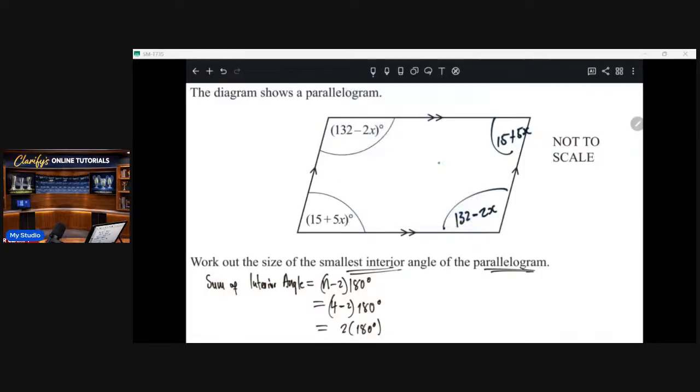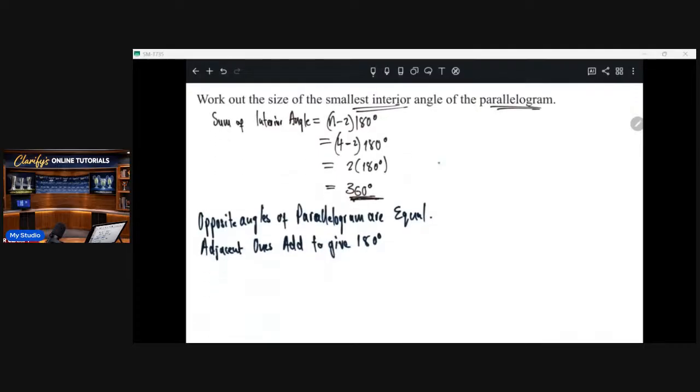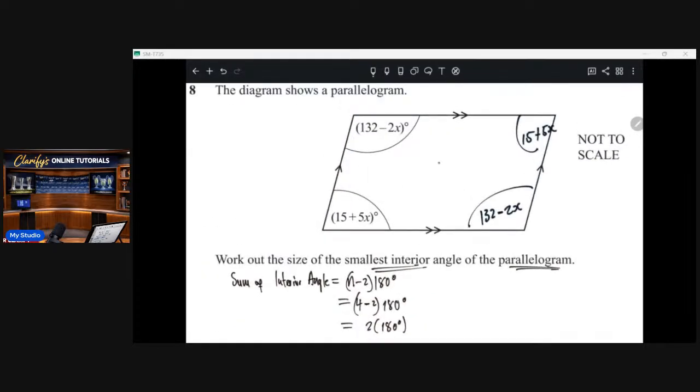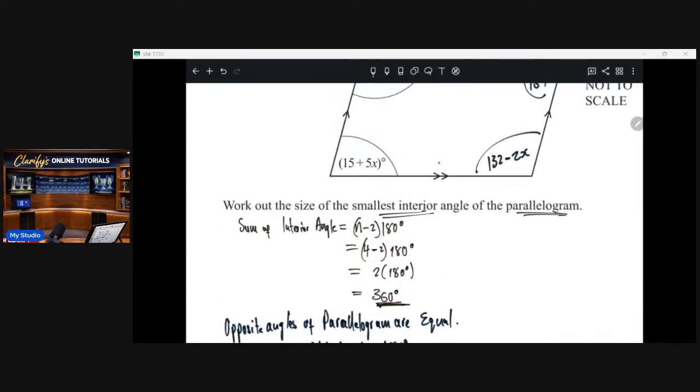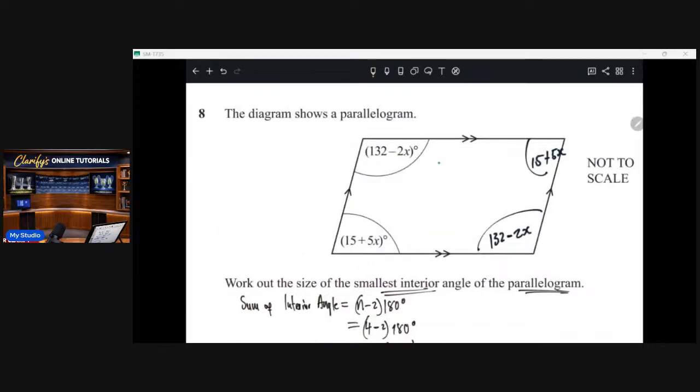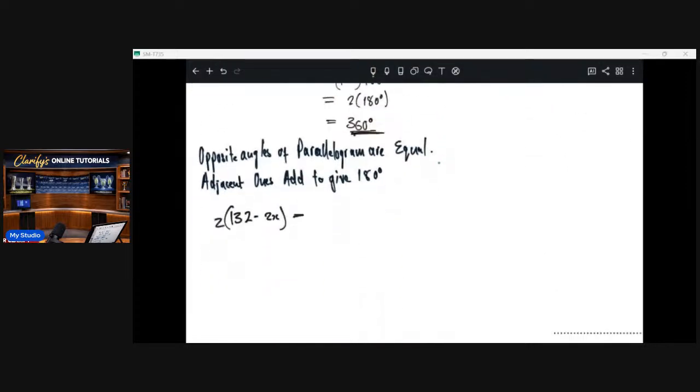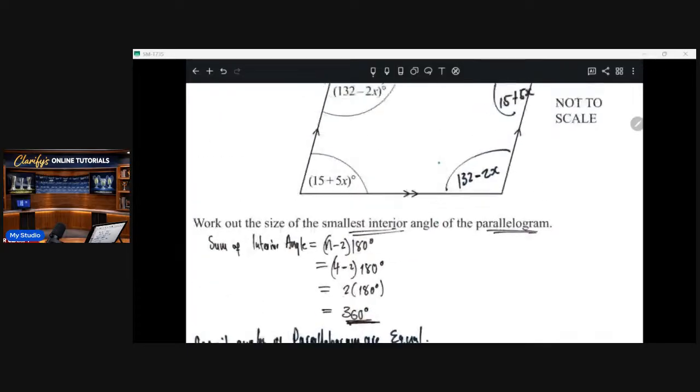Now we can come from here and put the sum. We know that the sum of interior angles is 360. So we will now say 132 minus 2x, times 2, plus 2 of 15 plus 5x.